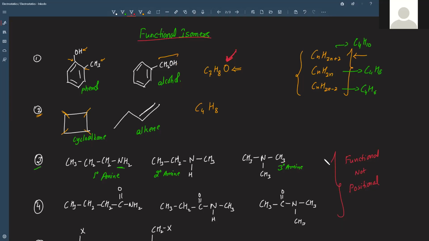In the first you have NH2, then you have only NH, and then you have N. But we have this CH3 group, right? It was CH2, but now it has CH3.